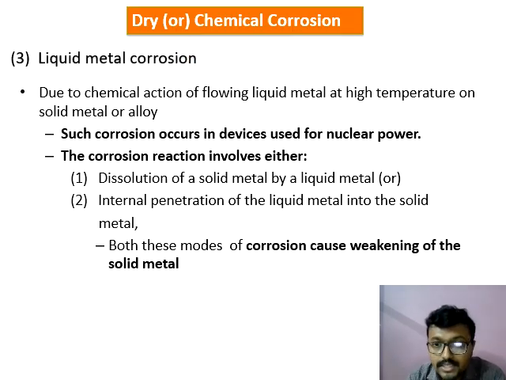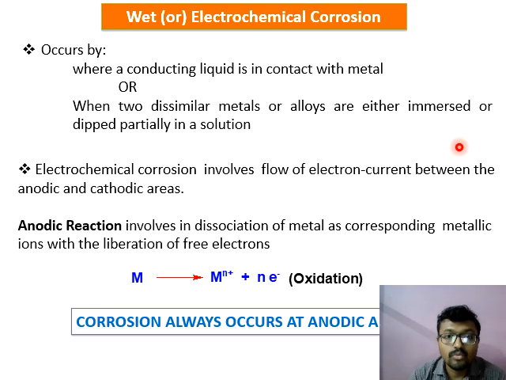Okay. Next we'll discuss wet corrosion or electrochemical corrosion. In an electrochemical cell, there is a cathode and there is an anode. At the anode, we know that the metal is converted to M n plus and electrons. So when the metal is converted to M n plus, some of the metal is now coming into solution.